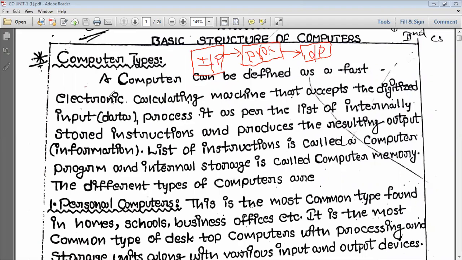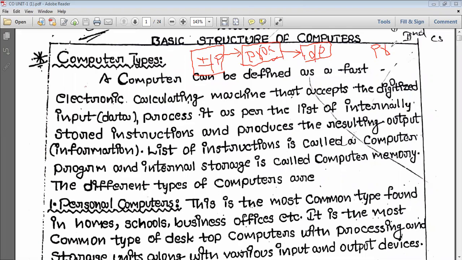All the operations are executed in the processor. All the operations means how you give the required operation to the processor, in the form of a program.